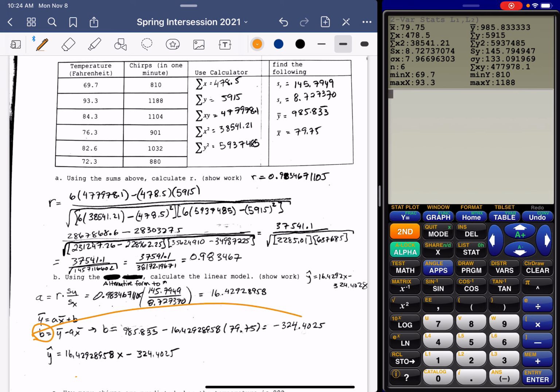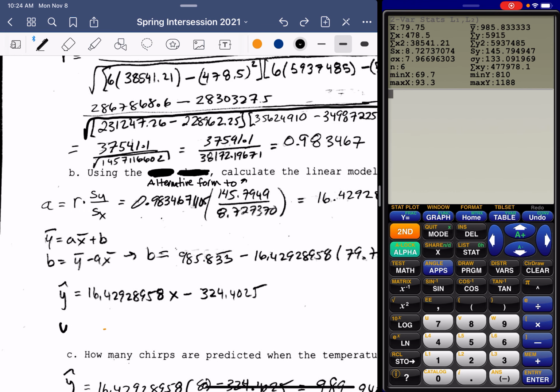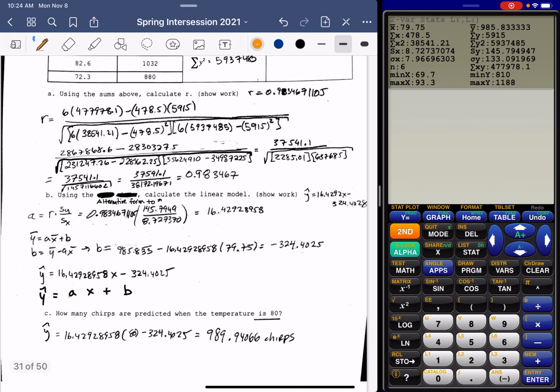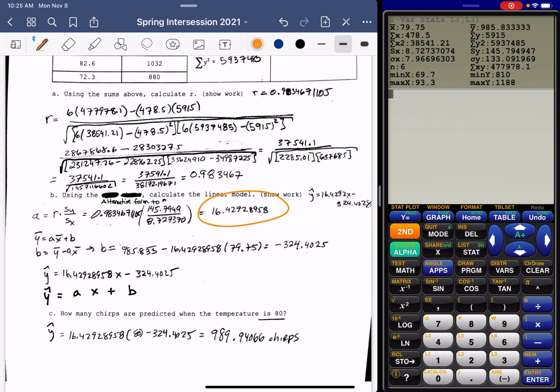B is the y-intercept. And so the general form is y hat equals ax plus b. As we know, we've calculated a, so it goes here. X is just x, plus is the general form. B is this value right here, and that goes here.